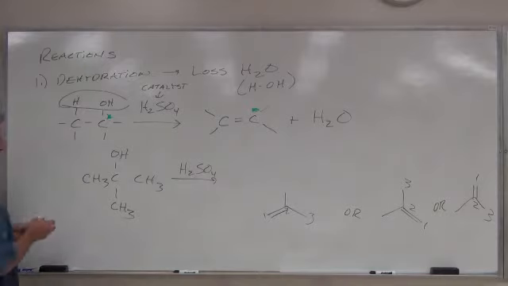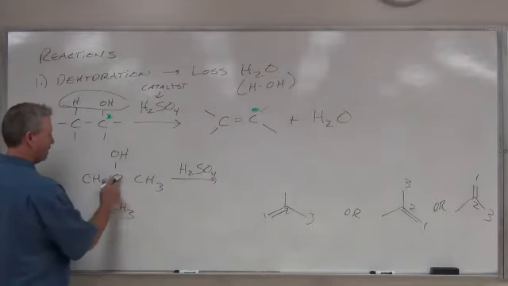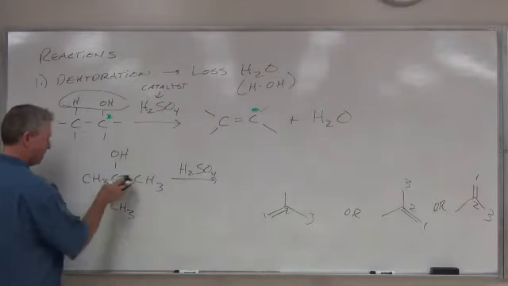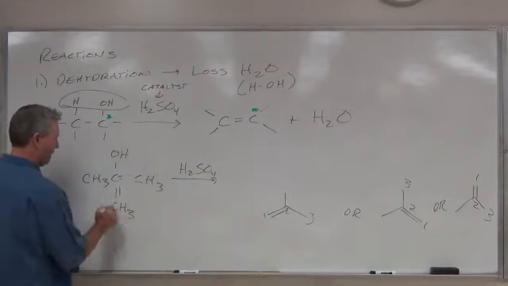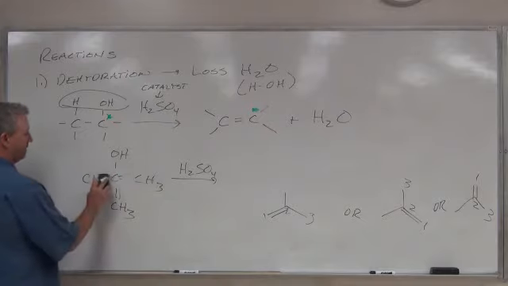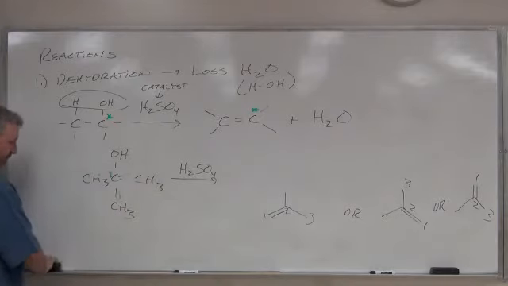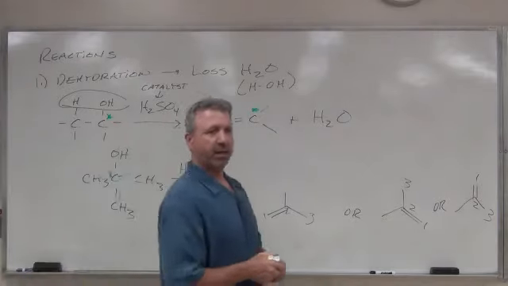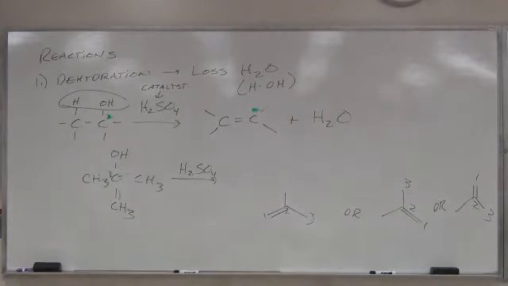But if I'm looking, I can go here with my double bond. I can go here with my double bond. Or I can go here with my double bond. In the dehydration. Okay? Don't complicate it. We're not requiring you to know the mechanisms.